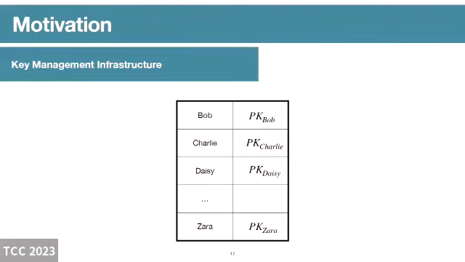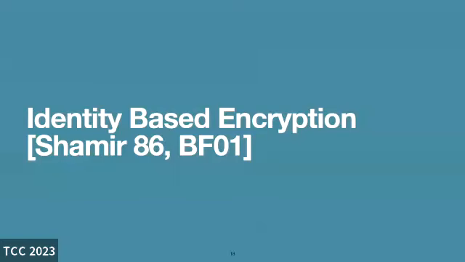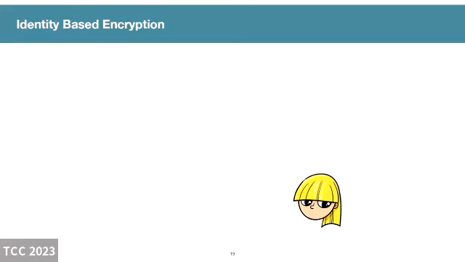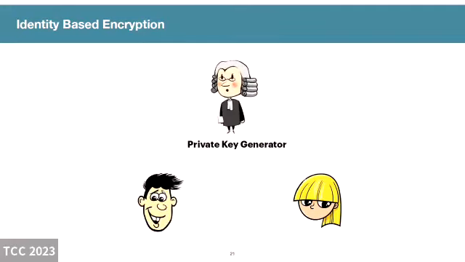And that's exactly why in 1986, Adi Shamir proposed identity-based encryption. In identity-based encryption, we have Alice and we have Bob, but this time we also have a third party called the private key generator, who generates a master secret key and a master public key, or public parameter.